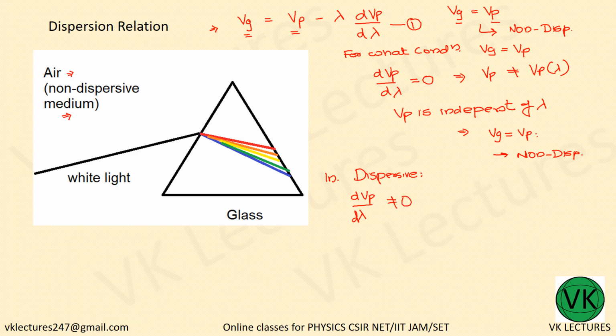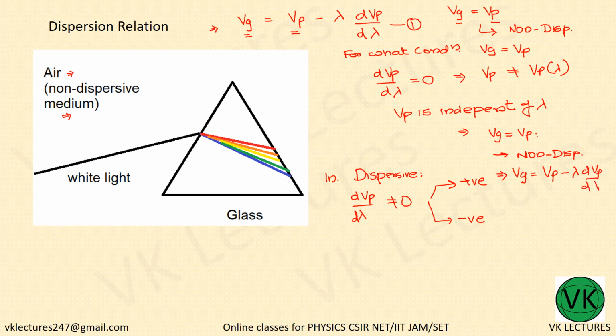So there can be two possibilities. One can give you a positive value, another can give you a negative value. That means if it is not equal to 0, there are two options: either it can be greater than 0 or less than 0. Now if it is positive, that means Vg will be equal to Vp minus lambda dVp by d lambda.